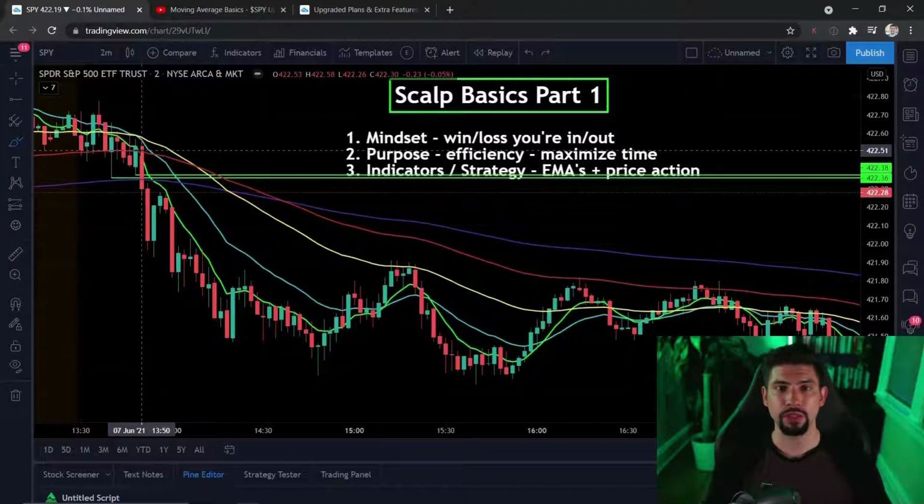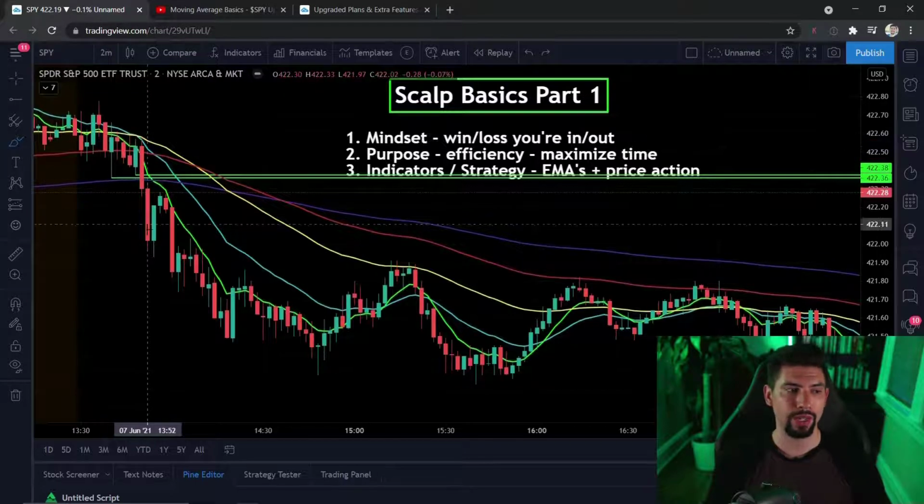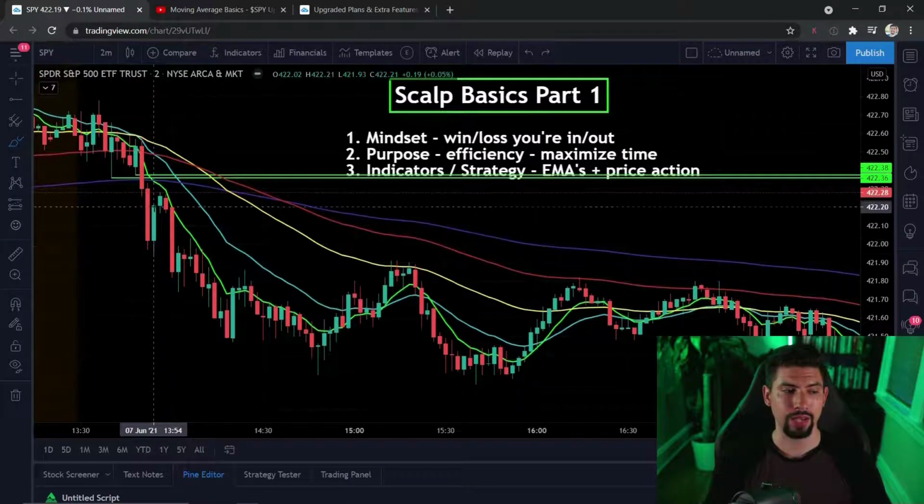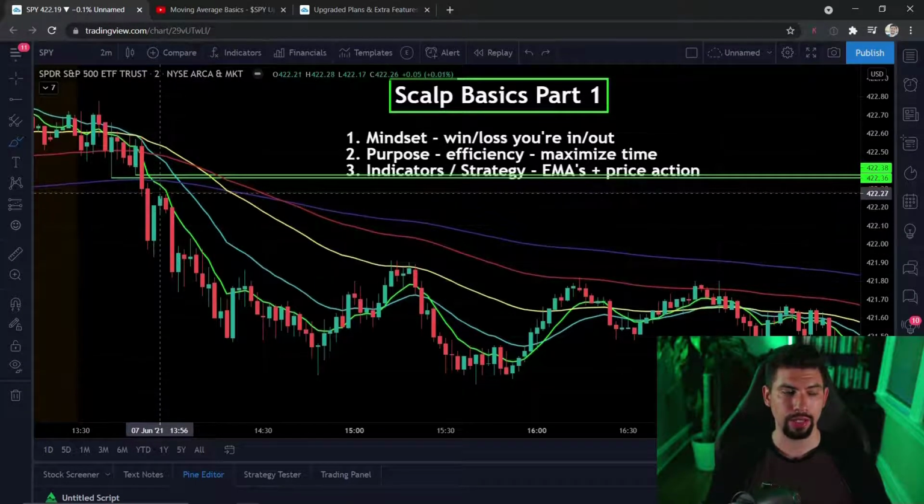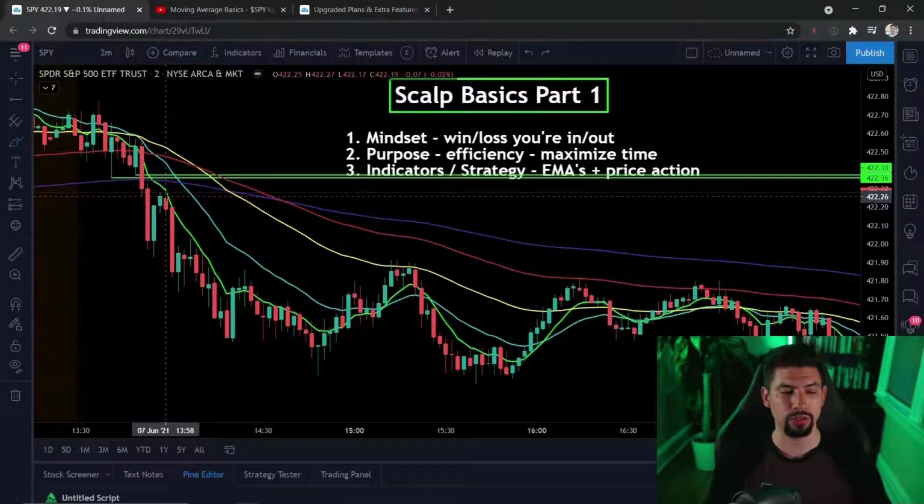So once price put in these two big red candles, you had a nice green candle followed by another green candle that ended up hitting right into the 8 EMA zone again. And what happened here? After these two green candles, you start to see weakness come back in again. That means that the 8 EMA is still a resistance point.